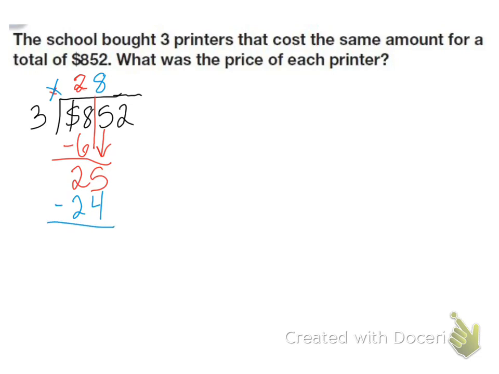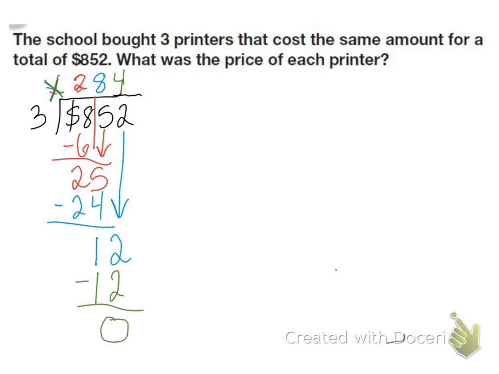Then I subtract, bring down, and 25 minus 24 is 1. And then I bring down the next number, 12. So I think, 12 divided by 3 is 4. 3 times 4 is 12. 12 minus 12 is 0.